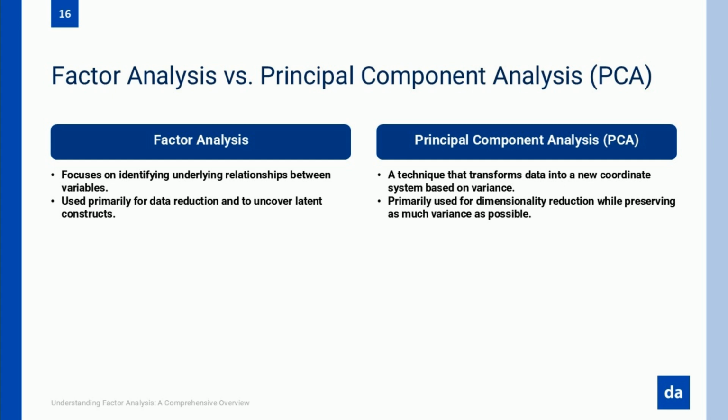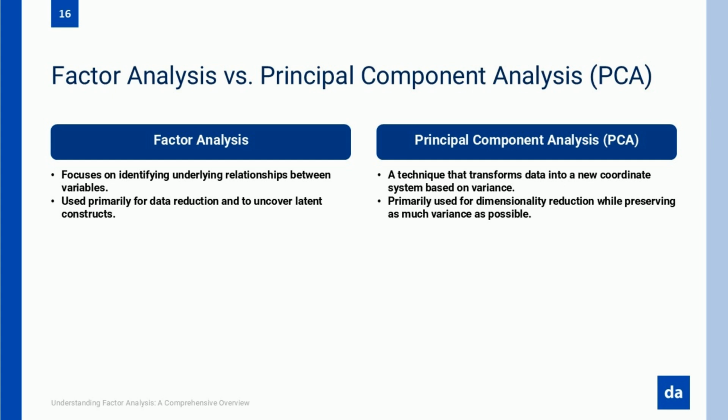A key difference between the two is how they handle variance. PCA considers all the variance in the data, meaning it keeps both meaningful patterns and random noise. Factor analysis, however, only looks at shared variance, meaning it focuses on what variables have in common, ignoring the parts that are unique to each one.